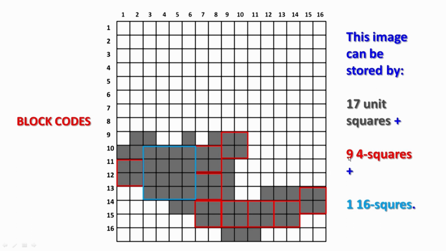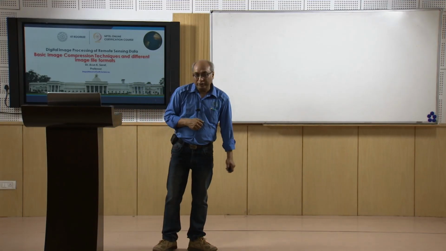Plus there are 9 squares of 4 pixels. There are a total of 9, and then there are 70 unit squares. When you add these up, the entire shaded or black area has been coded.